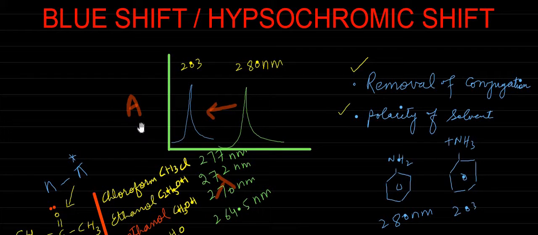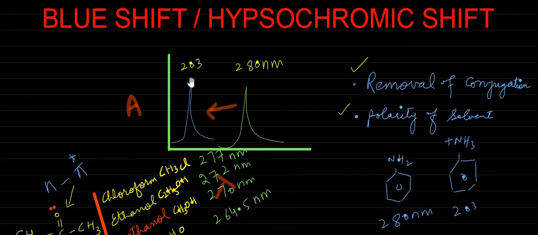Blue shift or hypsochromic shift of UV visible spectroscopy, that's what we are going to discuss in this very short video. Say we have a molecule which is absorbing at a longer wavelength, and due to certain reasons which we are going to discuss later on, its lambda max, or the peak of maximum absorption, shifts from a longer wavelength towards a shorter wavelength.